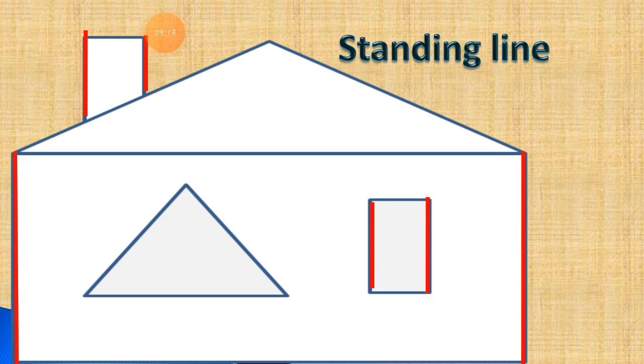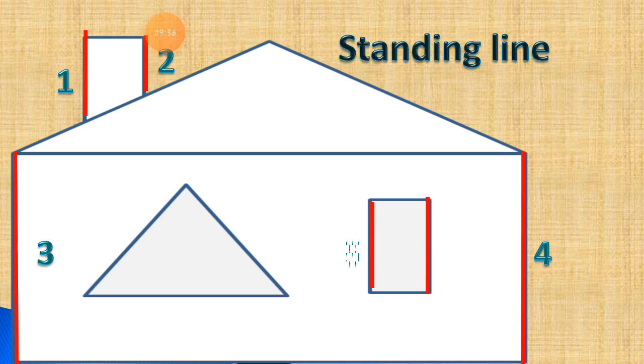So let's count. Let's give numbering to the lines. This is the first standing line. Then here is the second standing line. Then the next standing line, number 3. Then here standing line number 4.